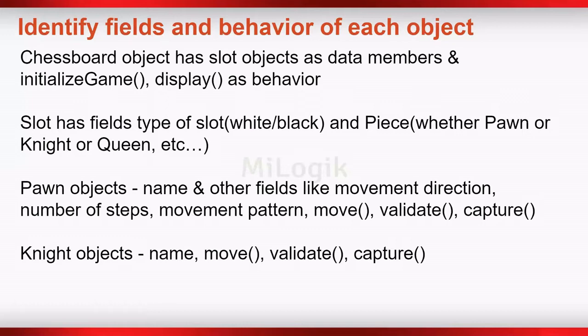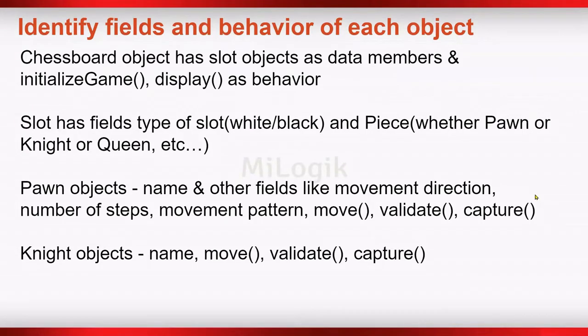We are not getting into the internal details like what the parameters can be or what the return type can be. I will leave it to the viewer to explore that. Next is capture. A player should be in a position to capture the piece of the other player. All these are behaviors which are part of pawn or king or queen.